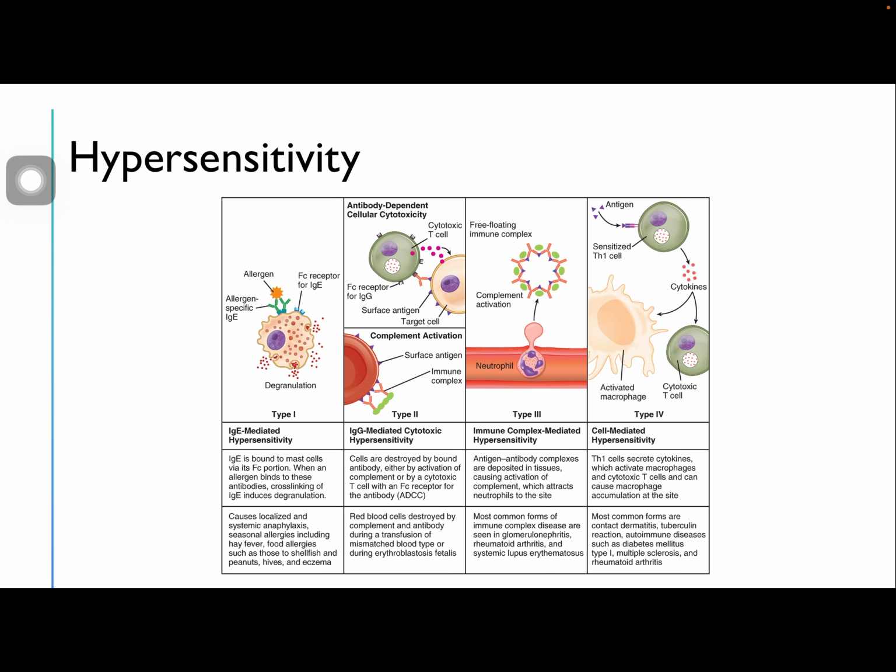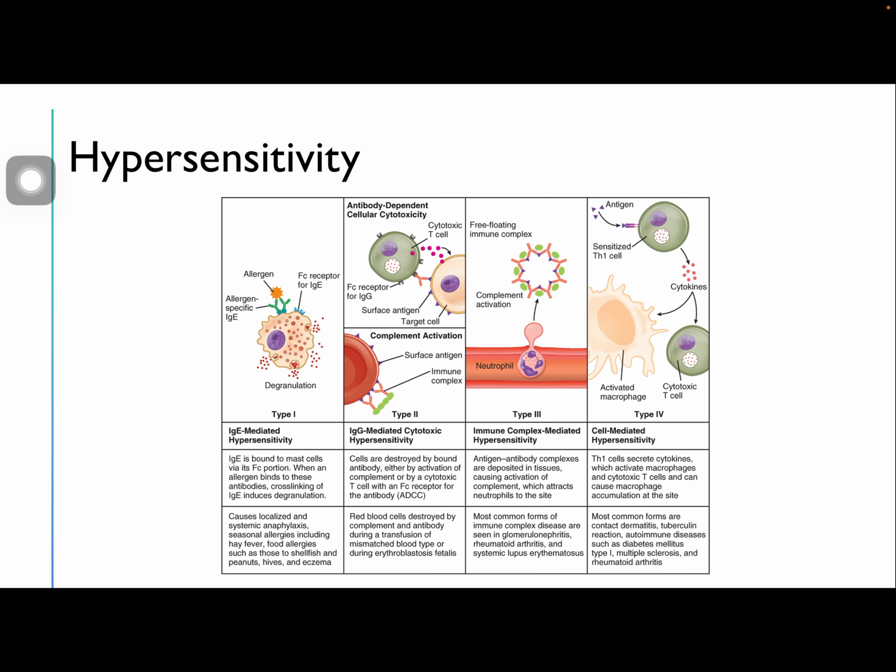And that IgE antibody will bind to other white blood cells and bind to the pathogen and cause a super degranulation of excessive amounts of your mast cells, and so you get lots and lots of histamine.